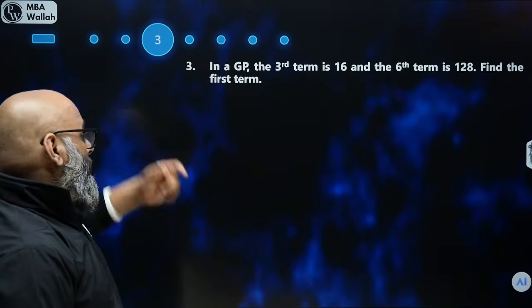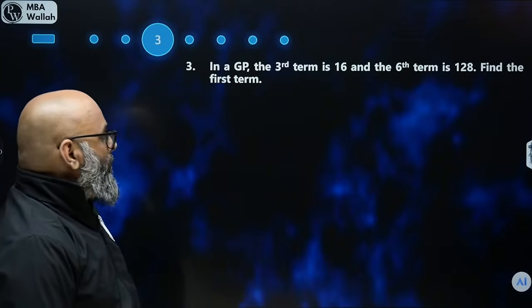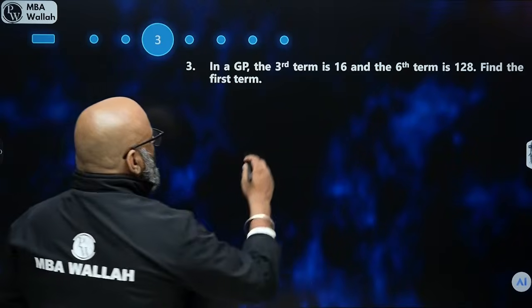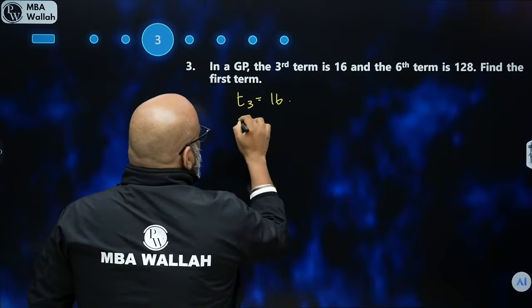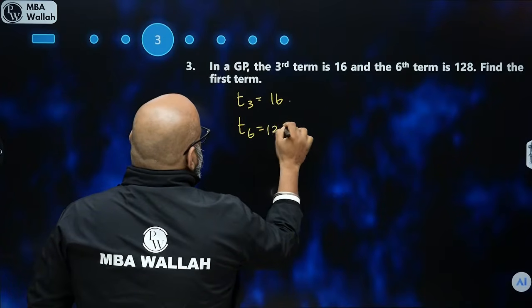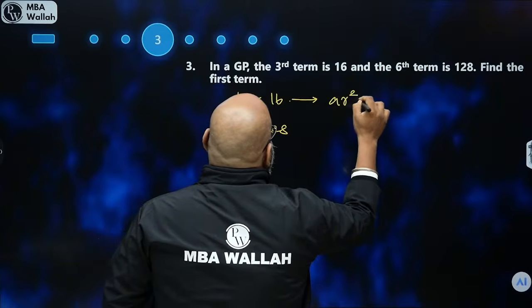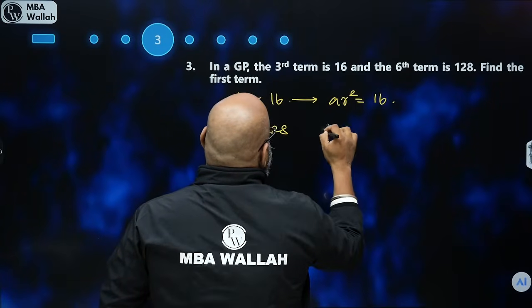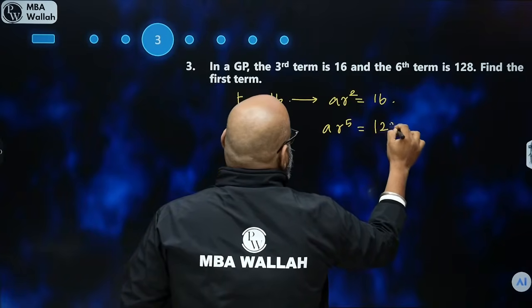In a GP, third term is 16, sixth term is 128, find the first term. So third term, T3 is 16, T6 is 128. From here I can say A R square is 16. From here I can say A R power 5 is equal to 128.